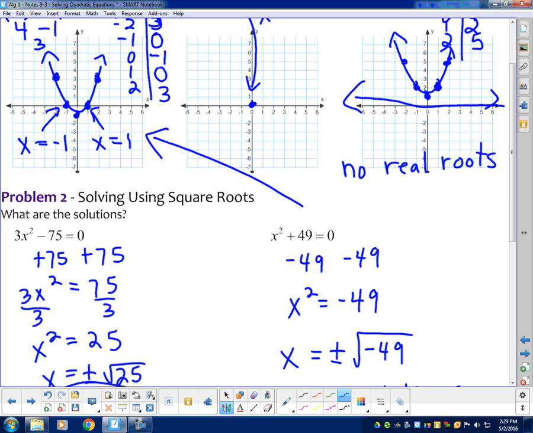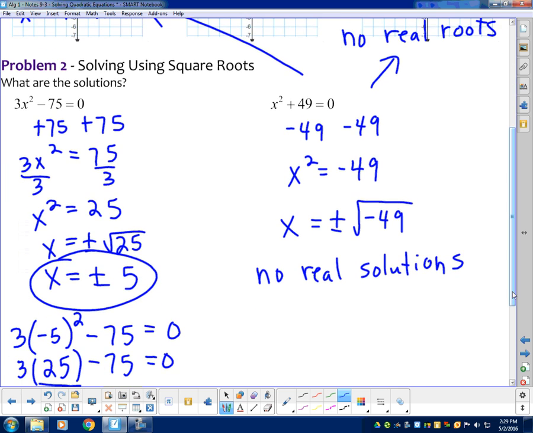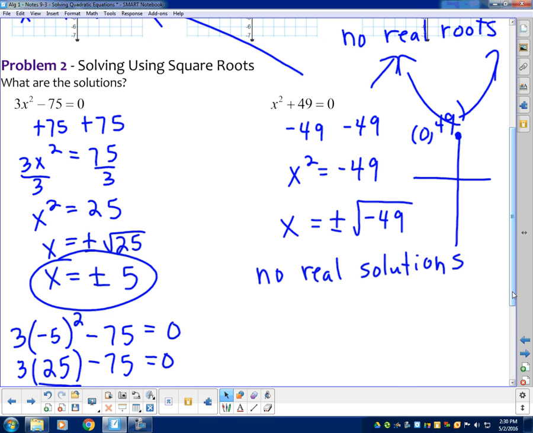It matches this guy over here. It would actually be a parabola facing upward way up here at 49. So if this were 0, 49 up here, that's where my parabola would start and then take off from there. Okay. So that gives you an idea of what's happening on those. Hopefully that's helpful.